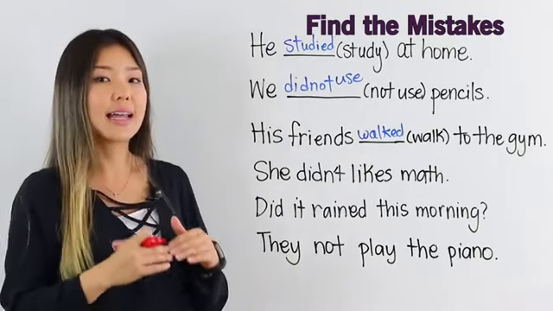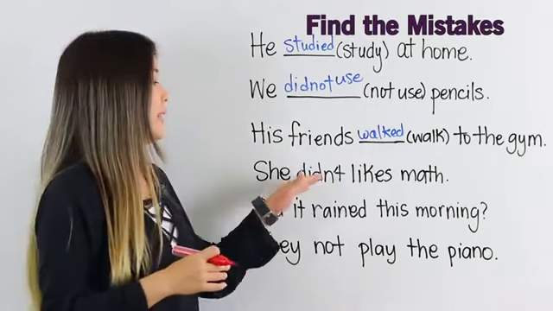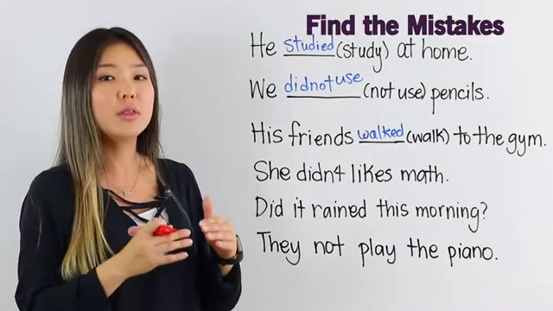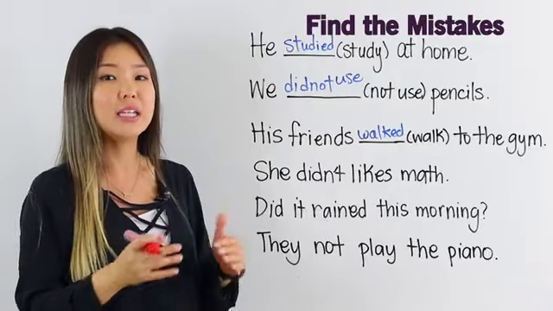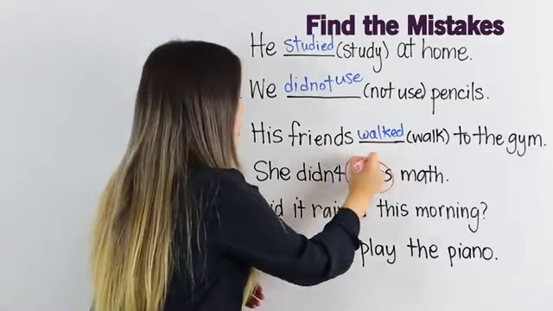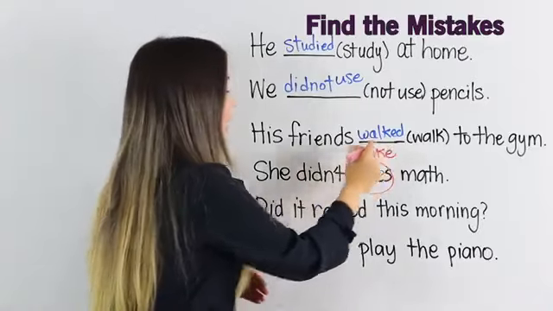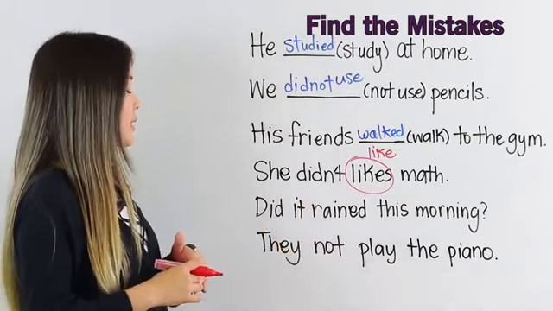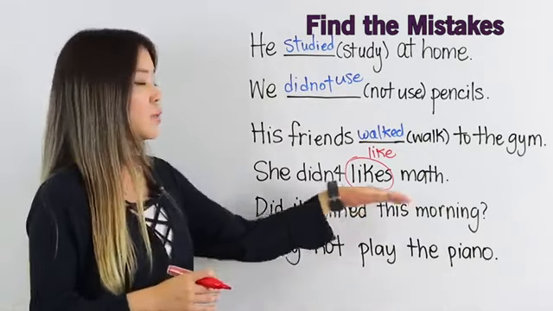She didn't likes math. Didn't is correct. However, remember, we keep the verb as is in the base form. So, we don't say likes, we say like. She didn't like math.